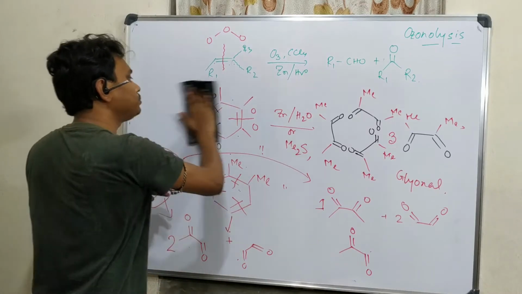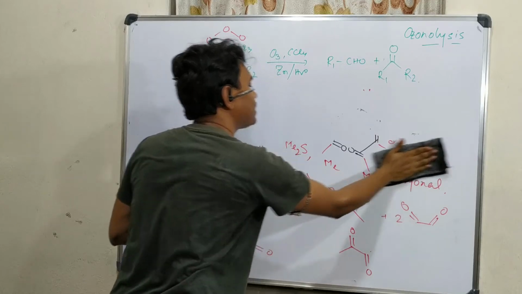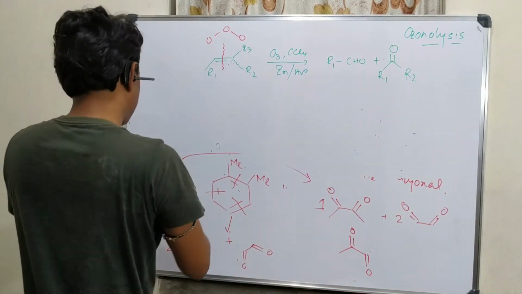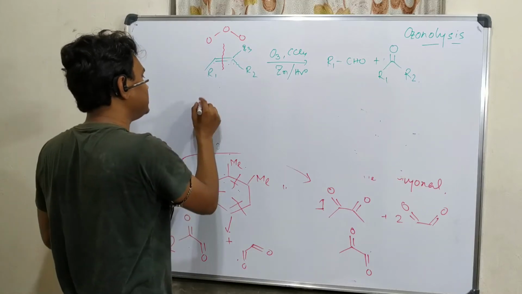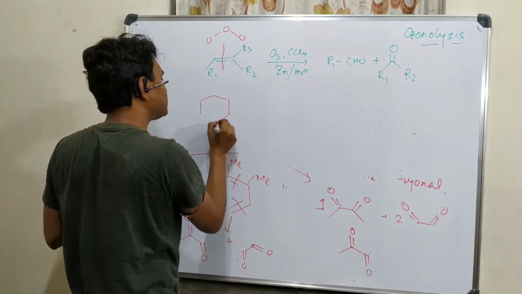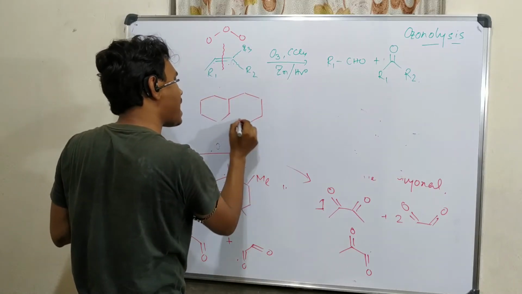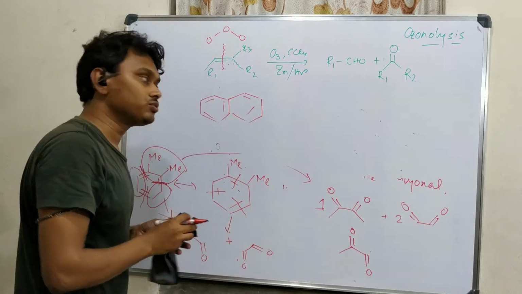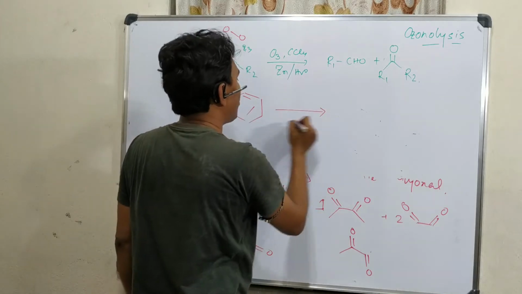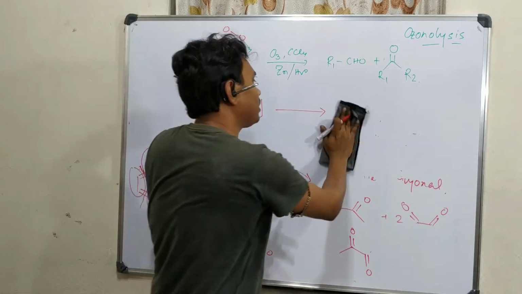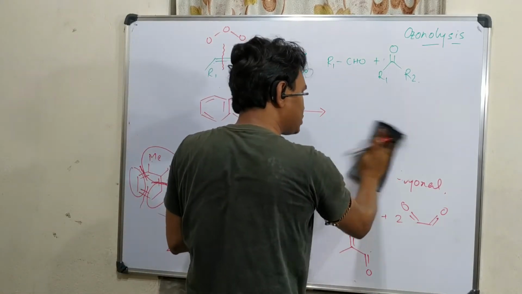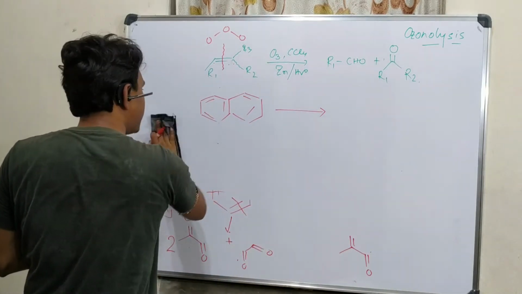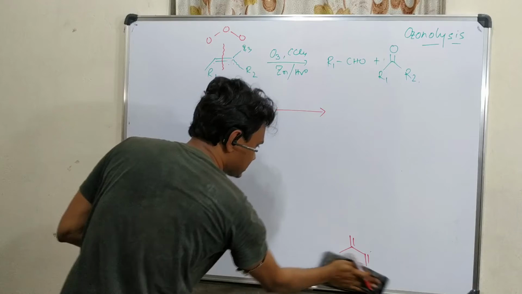In case of naphthalene, what does it produce? Naphthalene is this, and I have explained in one of my previous videos that naphthalene prefers to lose the resonance energy of 1 ring, because the resonance energy of naphthalene is not the exact addition of 2 rings, it is slightly less.